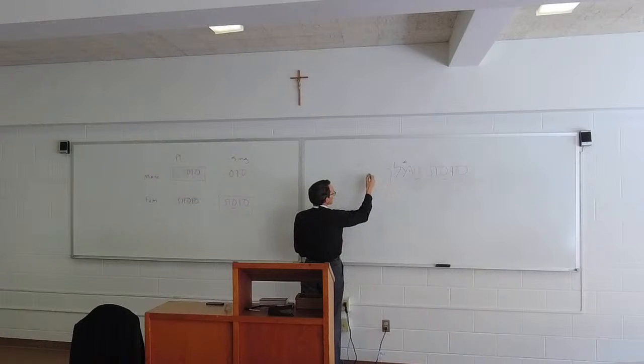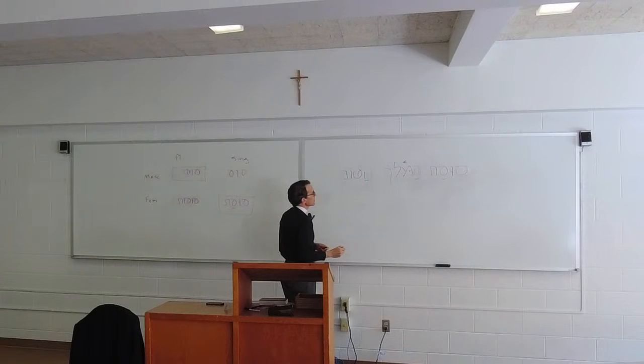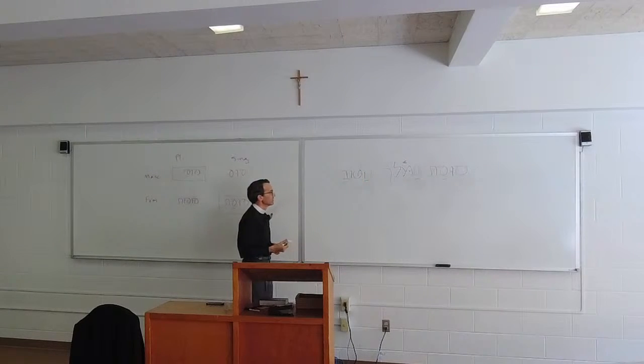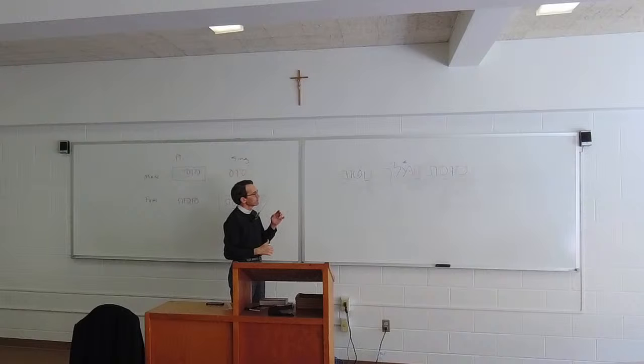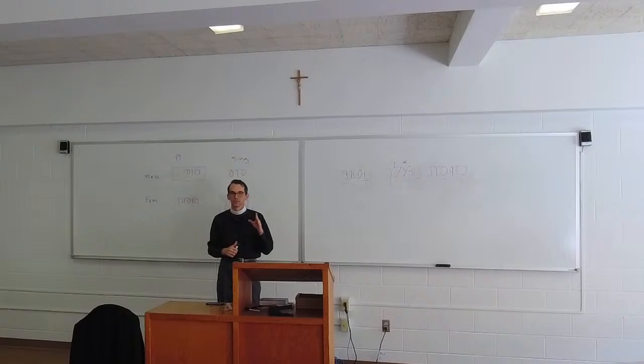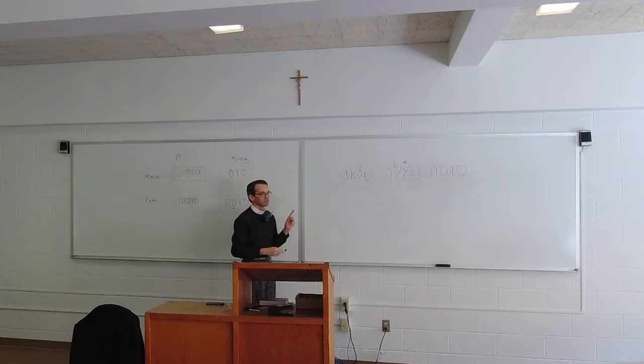So if I said susat hamelech hatov, it's the mare of the king, the good. What does good refer to in this phrase? To the king. It must refer to the king and not the horse because it's masculine.